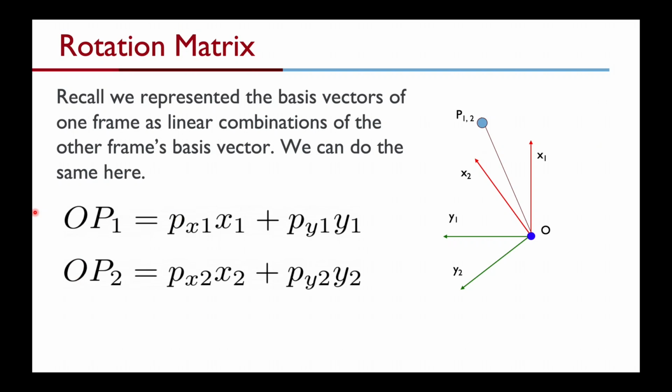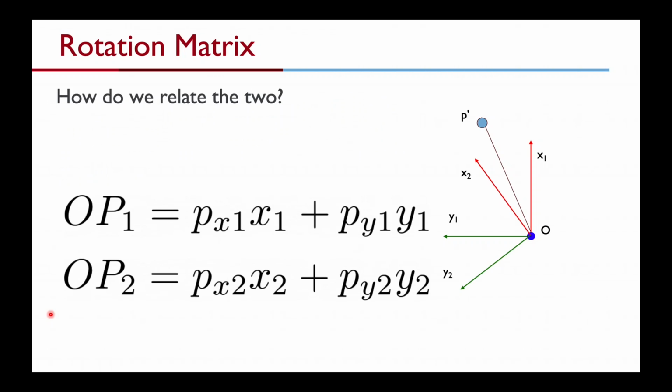And the answer is yes, we can figure it out because we know the rotation matrix between the two. So if you know the position of point 1 with respect to frame 1, and you want to find it with respect to frame 2, then we already know that x2 and y2 can be represented in terms of x1 and y1, and so we can compute this expression as well. That's how we relate and equate the two.